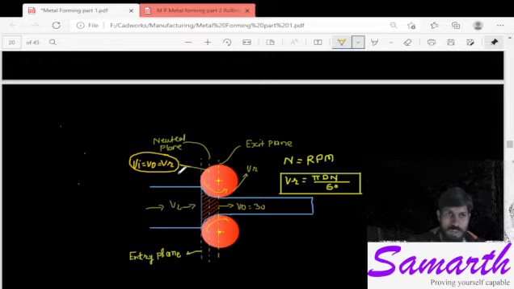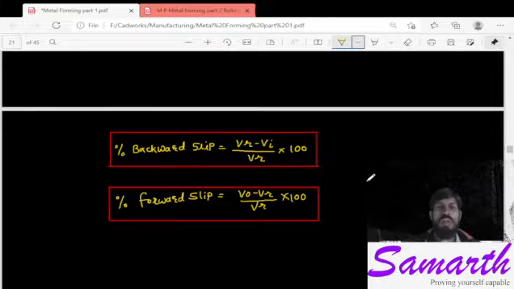Now at the neutral plane the velocity of sheet and roller will become equal, as the velocity of the sheet is gradually increasing up to a particular plane, and that plane is called the neutral plane. So Vi equals Vo equals Vr equals pi dn by 60 at that particular plane, the neutral plane. From here we can find the backward slip and forward slip.